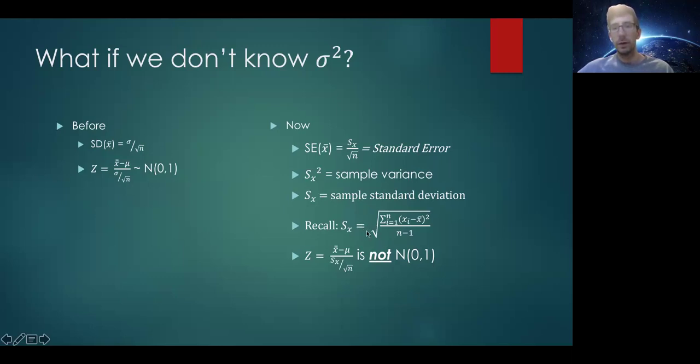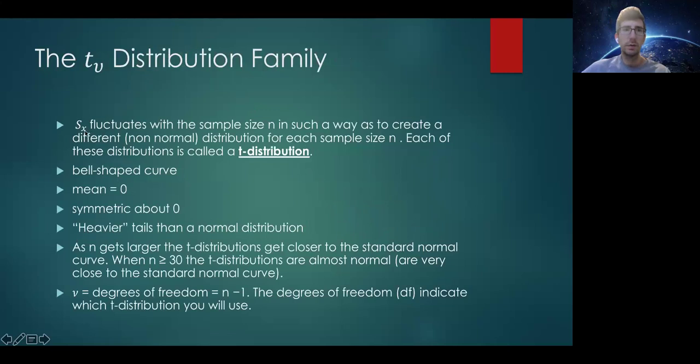So now we have a problem. Essentially, when we plug in this sample standard deviation, this no longer follows a standard normal distribution, because the sample standard deviation fluctuates with the sample size n.